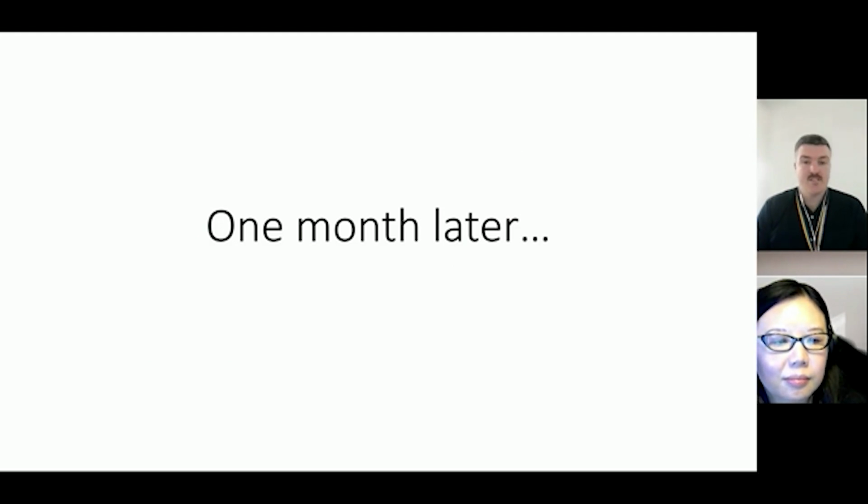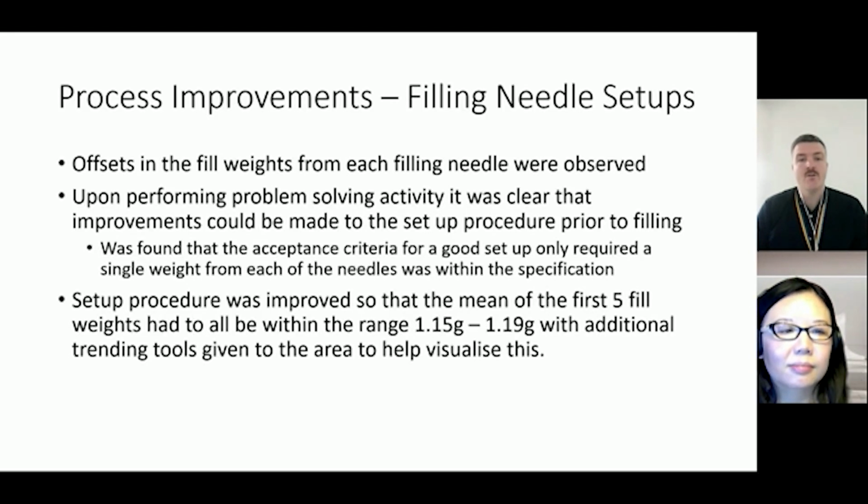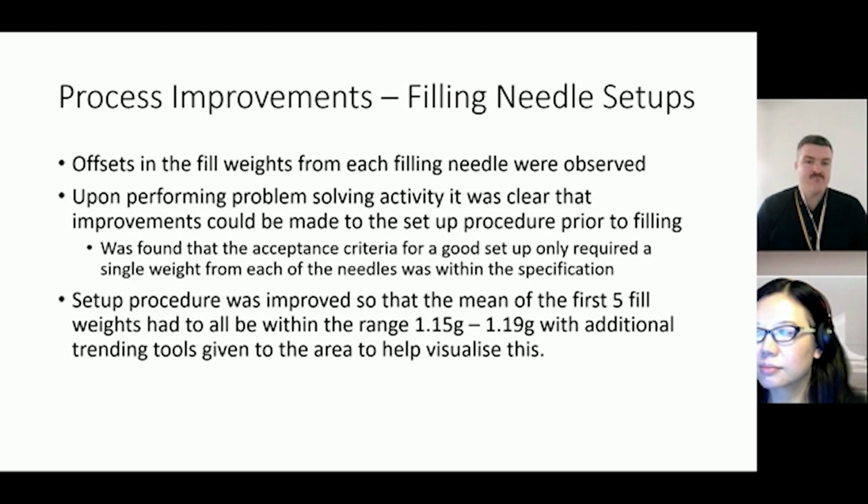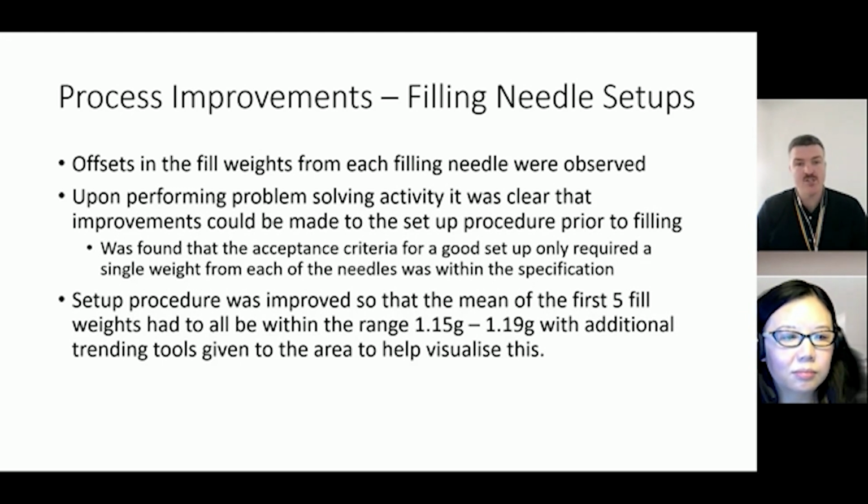So we took the time to understand the procedures a little bit better, to understand how the needles are set up and how the machine runs. We did that over the next month. As we mentioned previously, there were certain offsets in the fill weights from each of the filling needles observed across each of the batches. So what we've done, again, is sat down with the operators and engineers to understand how we set them up.